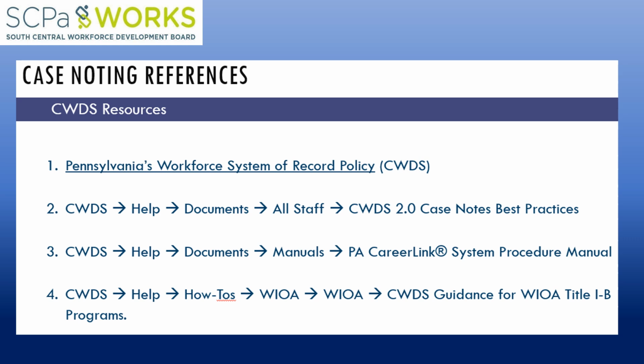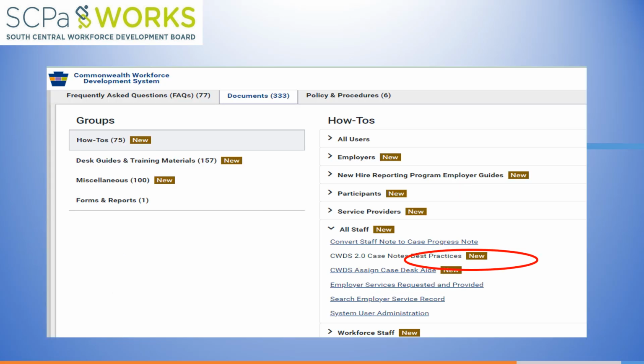SCPa Works Case Note Guidance also applies to the TANF Youth Development Program and the EARN staff within the SCPa Works service area. All of the CWDS training resources are found under the Help tab in CWDS.